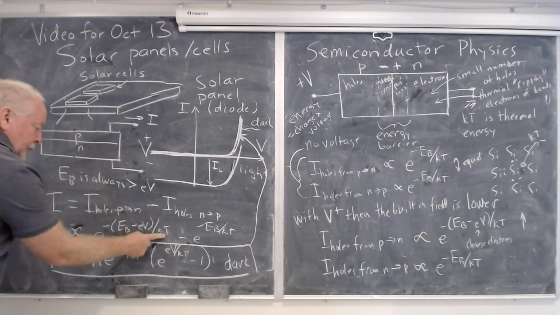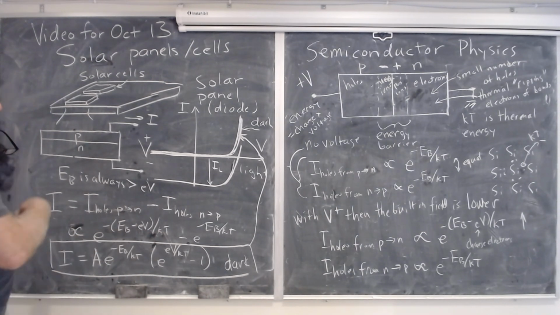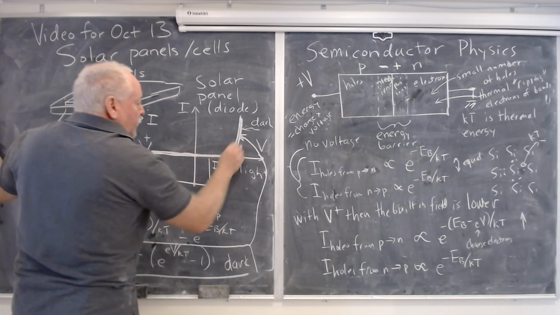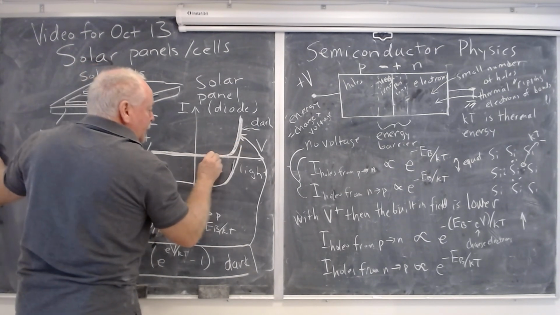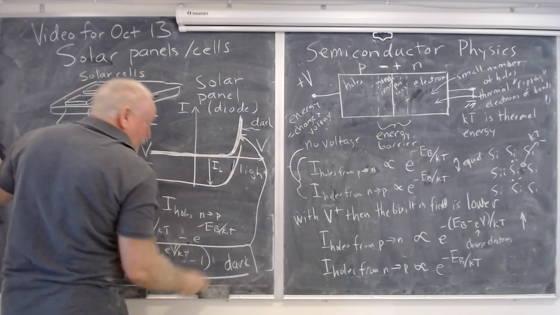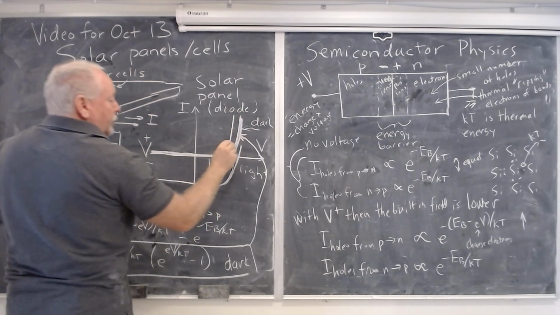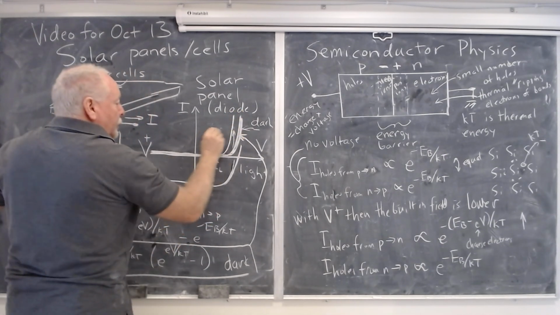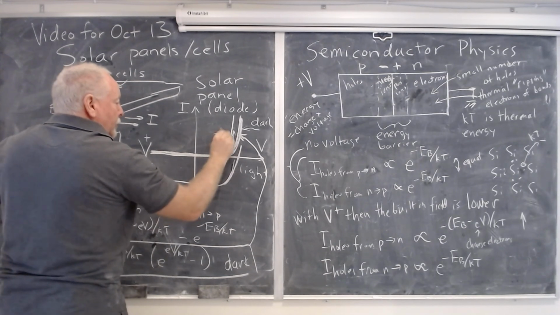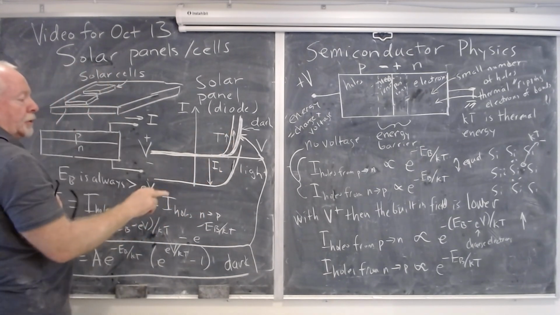And so as temperature goes up, I have e to the smaller negative term. And so when temperature goes up, current goes up.